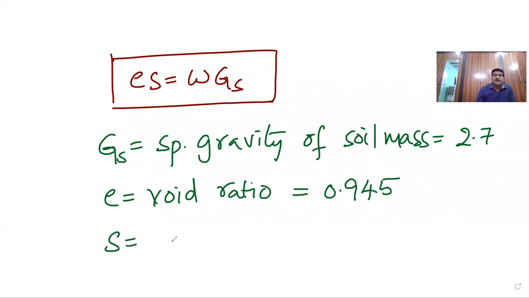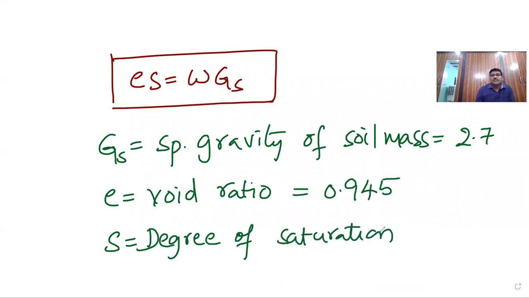And it says soil is fully saturated. S stands for the degree of saturation. Since it is fully saturated, it is 100%. All the voids are fully filled with water. 100% means it is 1. By default, it is 1. Now, what is it asking? It is asking moisture content, omega.